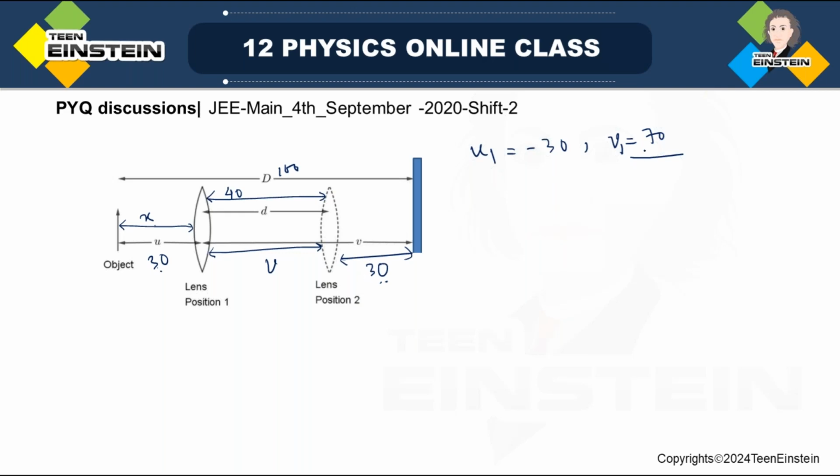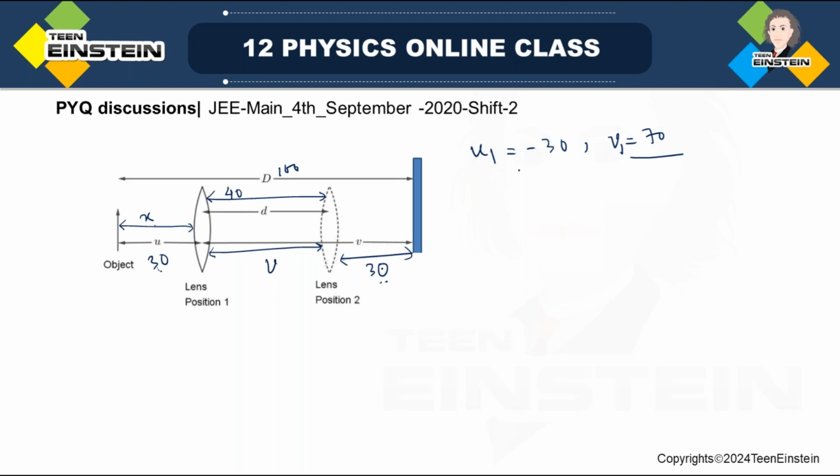With respect to my first position, suppose my first position was 30 here, this much is 40, then obviously this position is 30, isn't it?